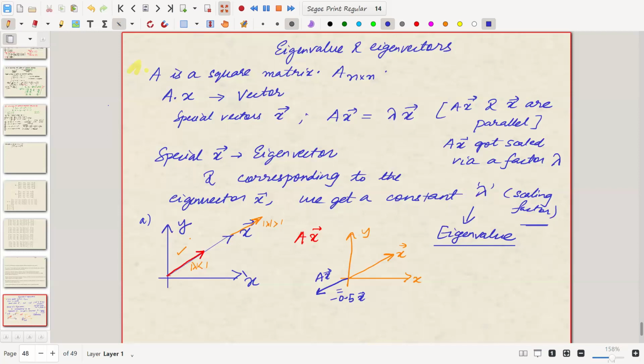You can see Ax is now minus 0.5x. It is pointing totally away from it, but the quantity is less. It is scaled by 0.5. So you can carefully say that this length in blue is half the length in orange. Can you say it? Because it is scaling by 0.5, half. Fine? Clear?